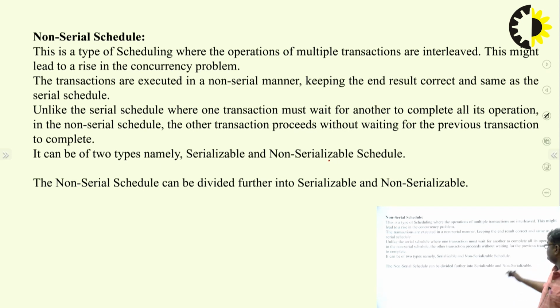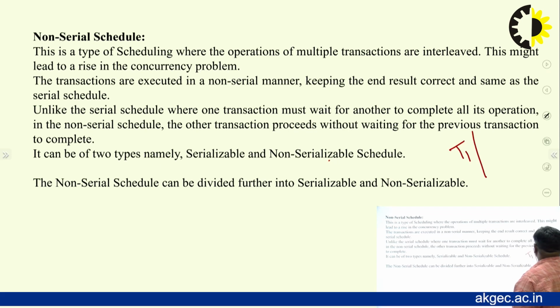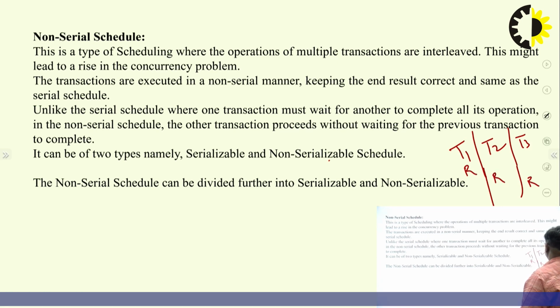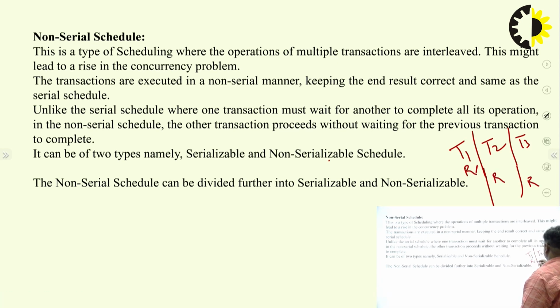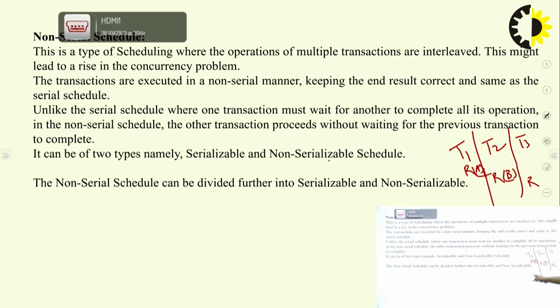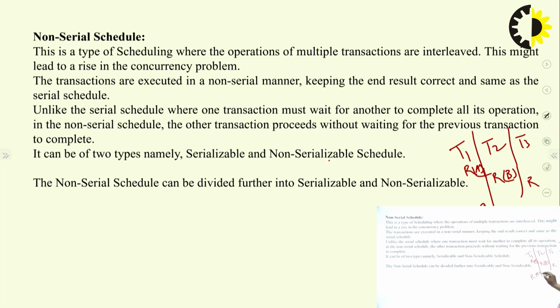We can say if we have T1, T2 and T3, this reads something, this reads something, this reads something, of A, B, and then in these schedules the first can start again, like read B or write B. This type of schedule is called a non-serial schedule.